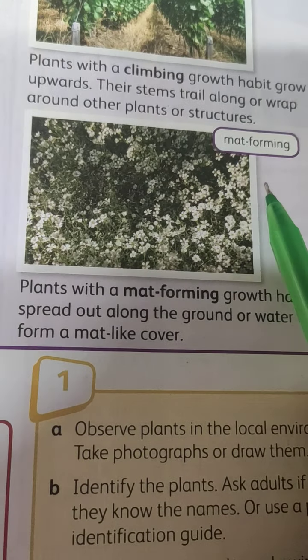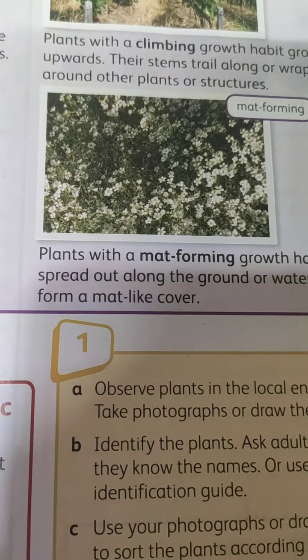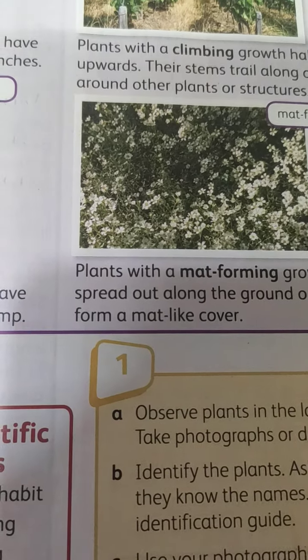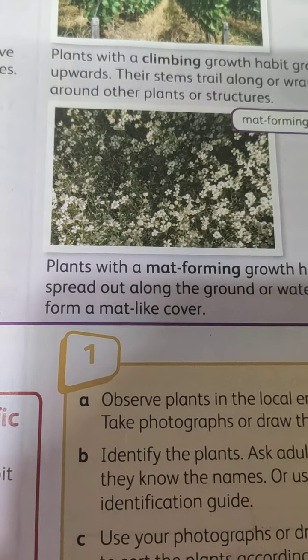Last is mat forming. Now as we know, in our homes there is a spreading of mats, right? When we go to any function, वहाँ पर भी mat बिछे होते हैं ना.